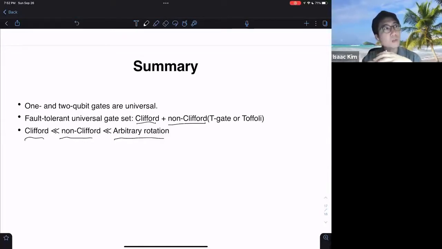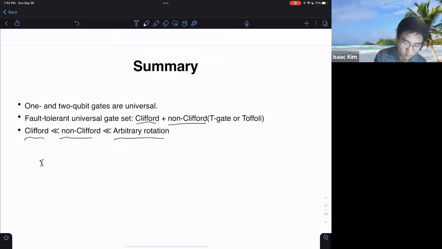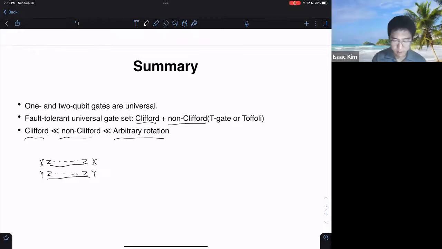But when it comes down to quantum simulation, this Jordan-Wigner string looks something like this, if I remember correctly. So you have a string of these in the middle, and at the end you have sigma x or sigma y or something.